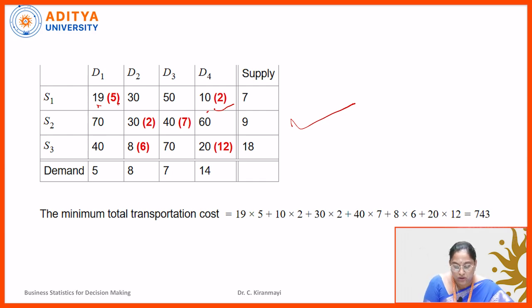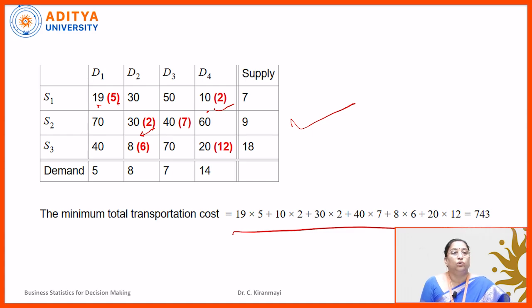Therefore, 10 into 2, and here the allocation is 2, that is from S2 to D2, 2 units are to be supplied and the cost of transportation is 30. This is how we compute the total minimum transportation cost, which is 743 rupees.